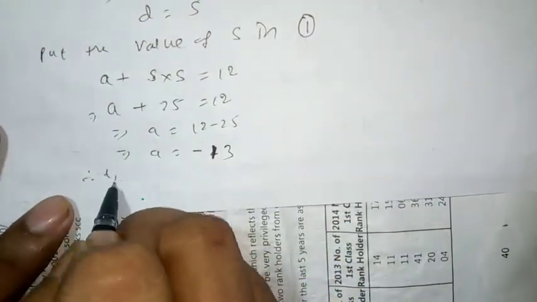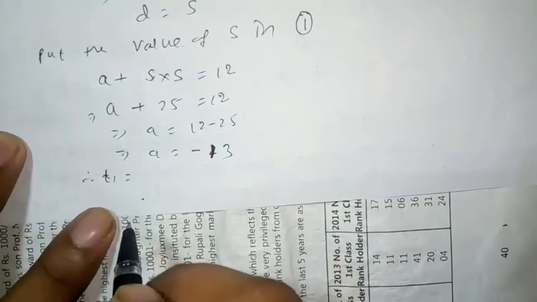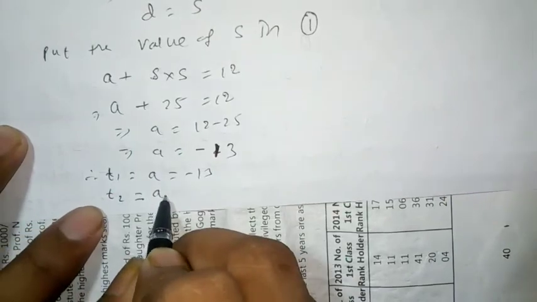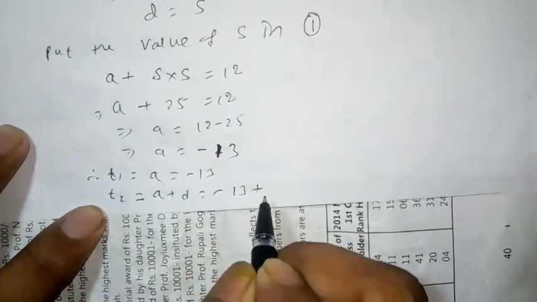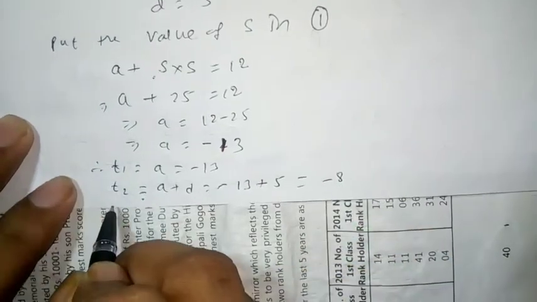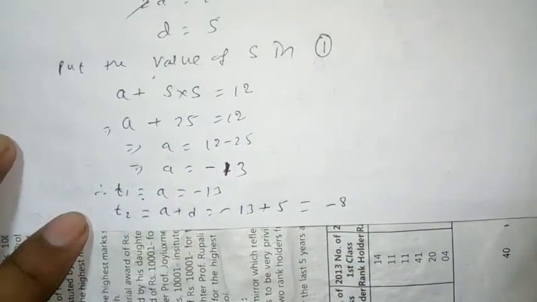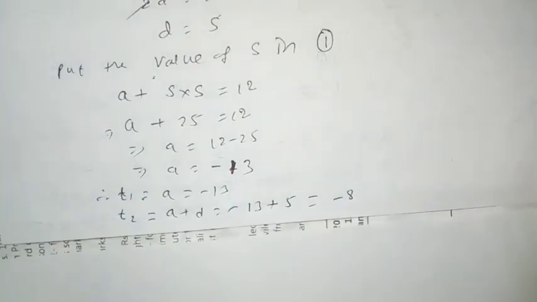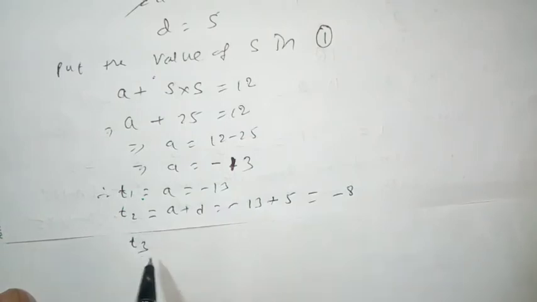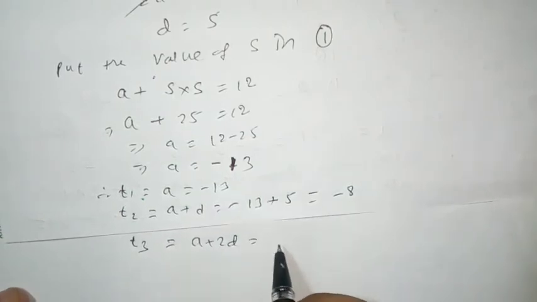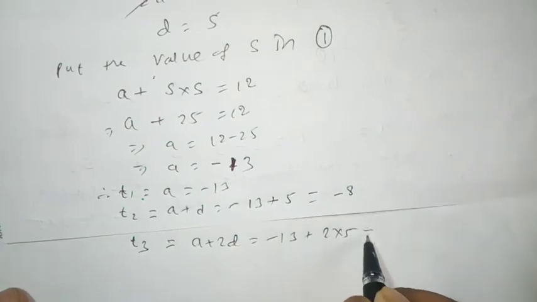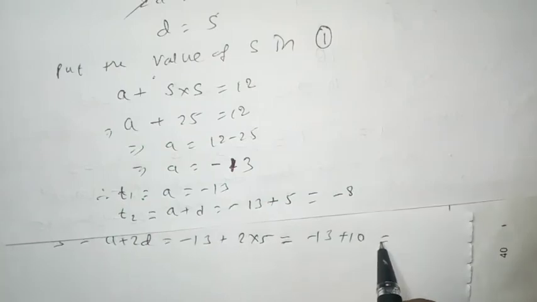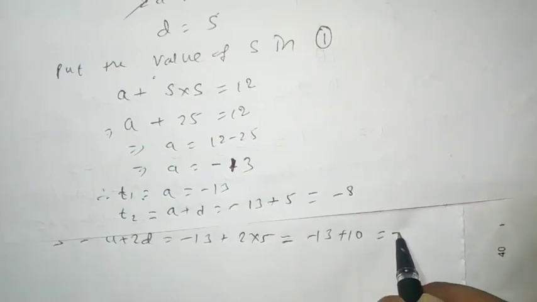Therefore T1 is equal to A, which is minus 13. T2 is equal to A plus D, which is minus 13 plus 5, equal to minus 8. T3 is equal to A plus 2D, which is minus 13 plus 2 into 5, equal to minus 13 plus 10, which is minus 3.